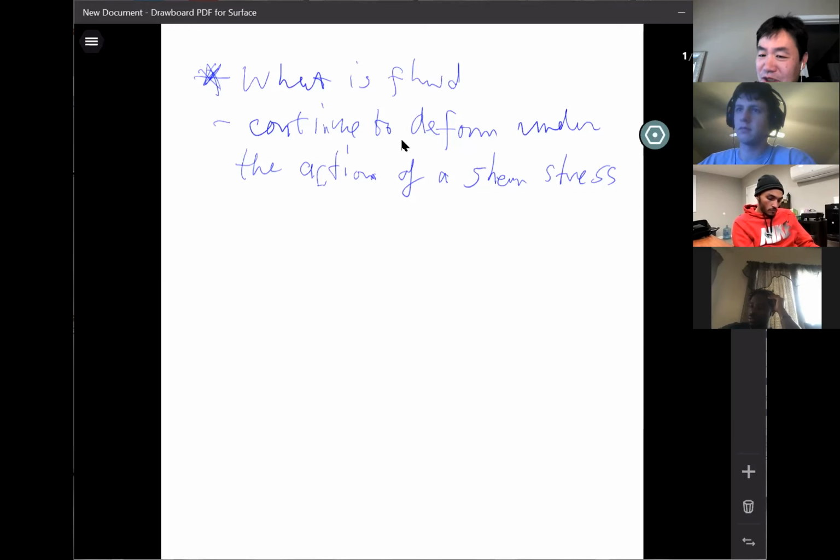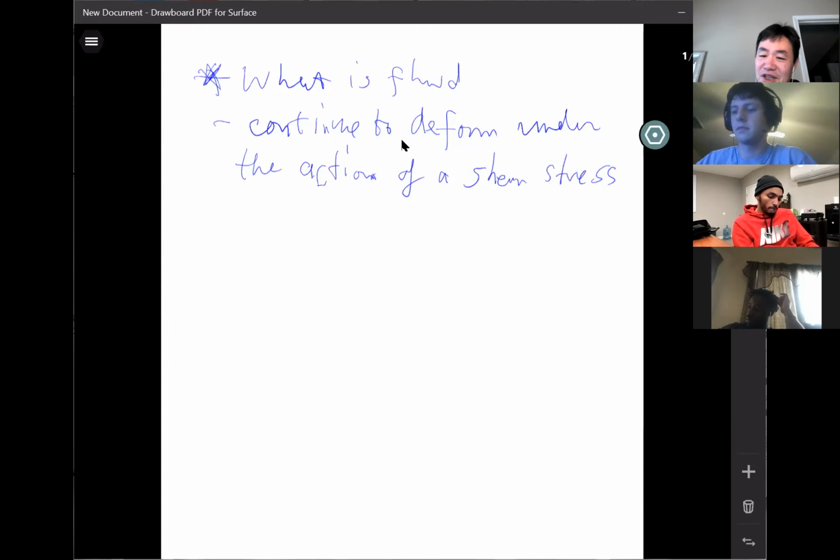And what happened to the water? When your hand tries to cross it, touches it, keeps going, the water goes around your hand. So the water deforms, changes shape.